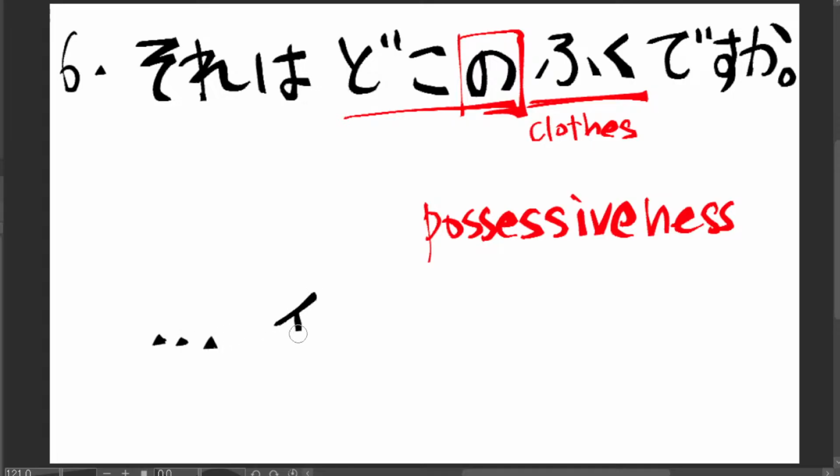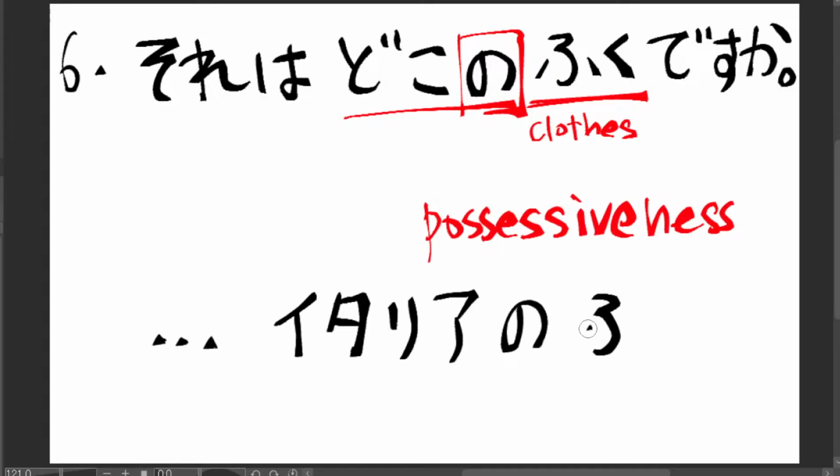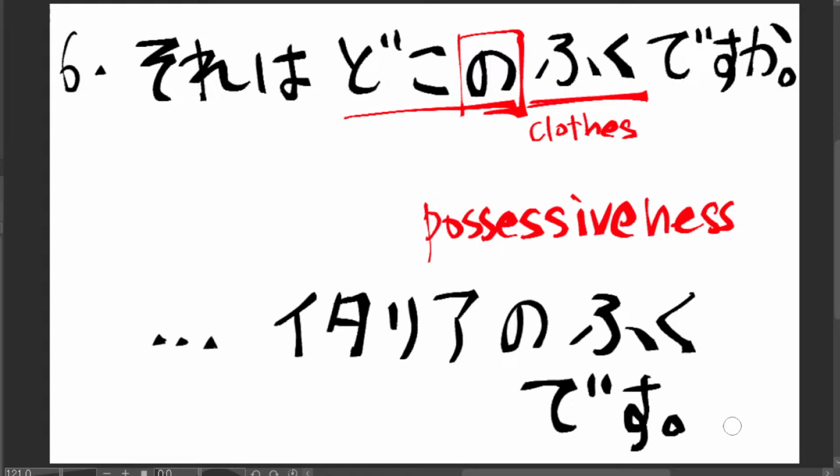Here you say イタリア、イタリアの服です。 Okay, イタリアの服です。 So それはどこの服ですか? イタリアの服です。 So what country does this clothes come from? So you can say イタリアの服. So it is from Italy. This clothes belong to Italy.